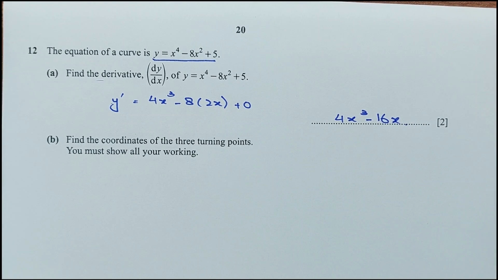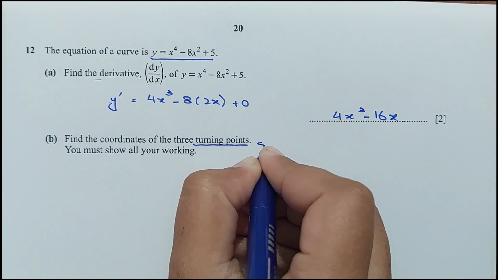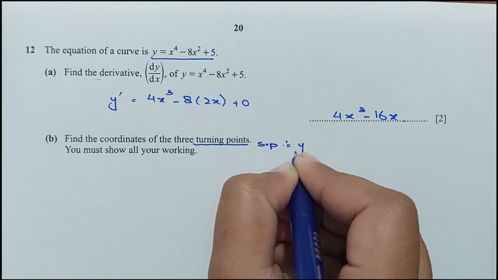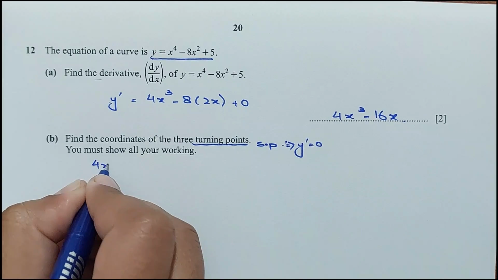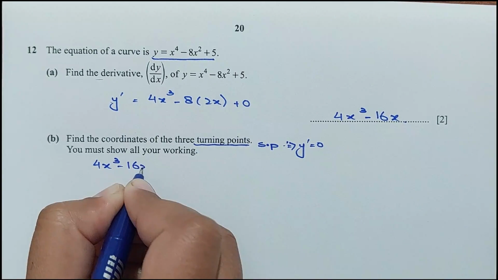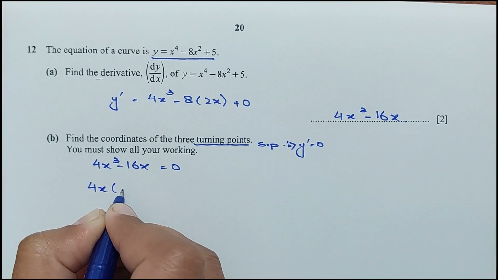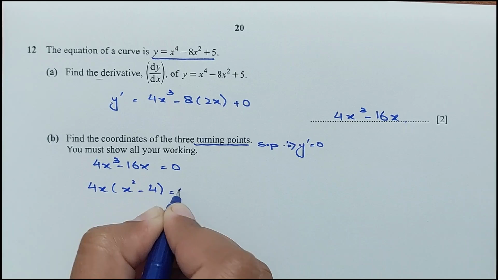Now for part B, find the coordinates of the 3 turning points. You must show all your working. Turning points are basically the stationary points, when the first derivative is equal to 0. The first derivative is 4x cubed minus 16x, which should be equal to 0. 4x is common, we are left with x squared minus 4 equals 0.